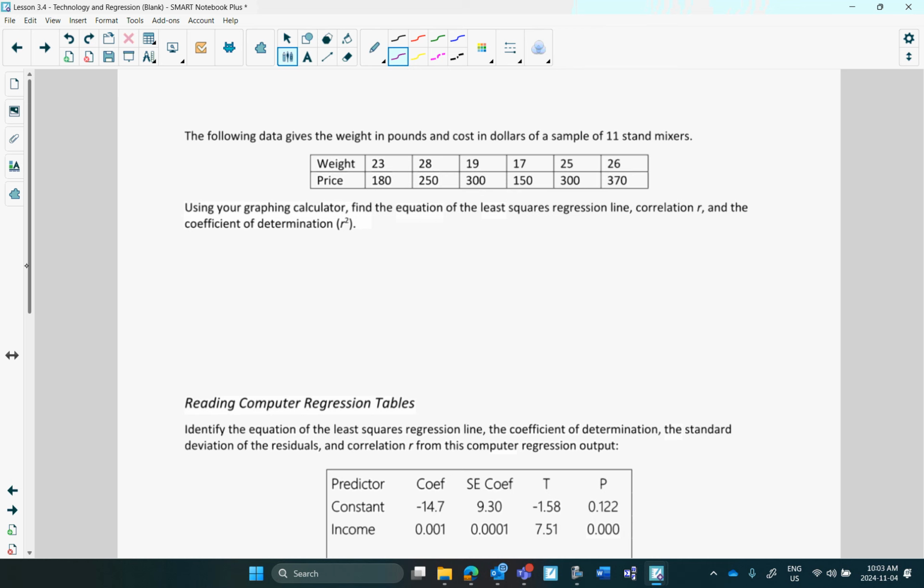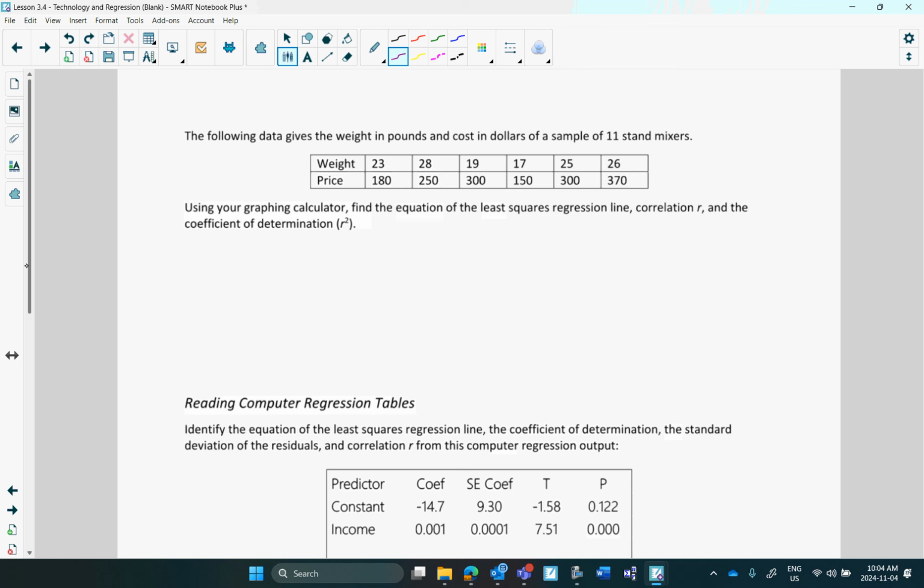So under L1, we're going to put the X values. So 23, 28, 19, 17, 25, 26, enter. Don't forget to hit enter after that first one.